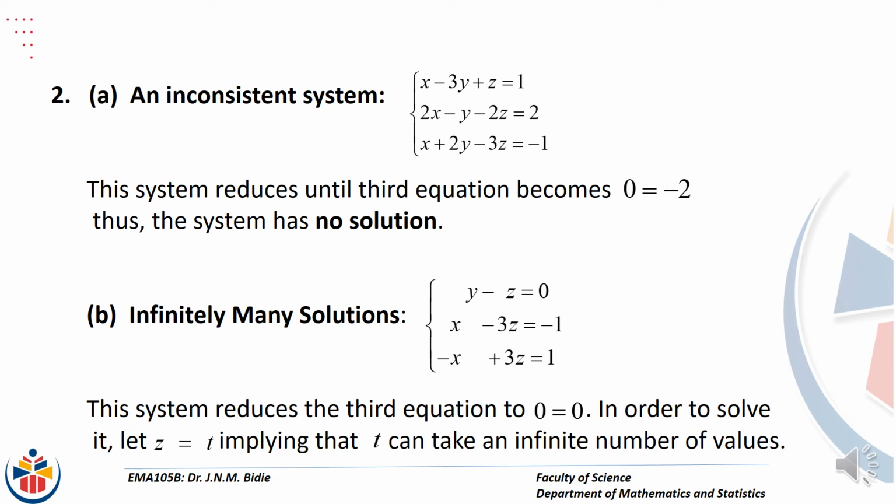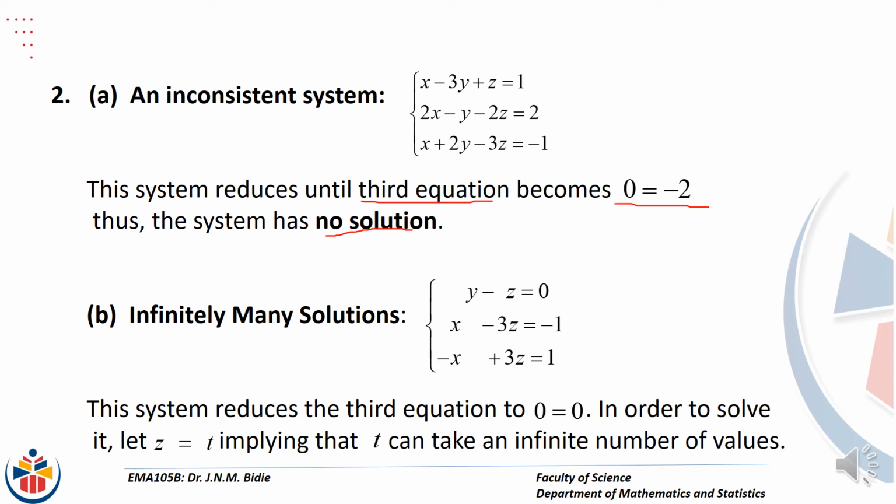Now, one other thing worth noting is that an inconsistent system means no solution. When you do row operations and reduce the equations, we end up in the last row, that is the third equation, with 0 equal to a number.